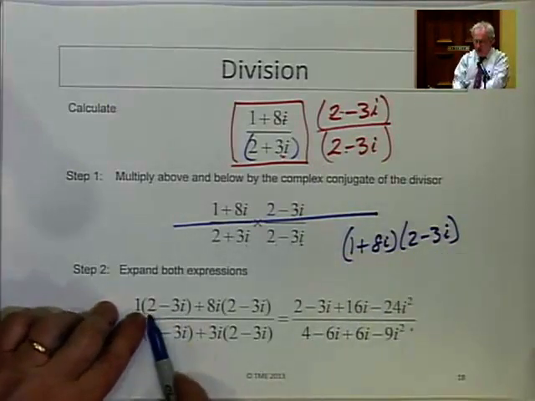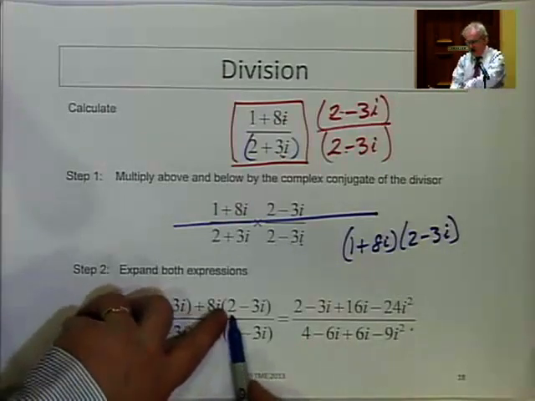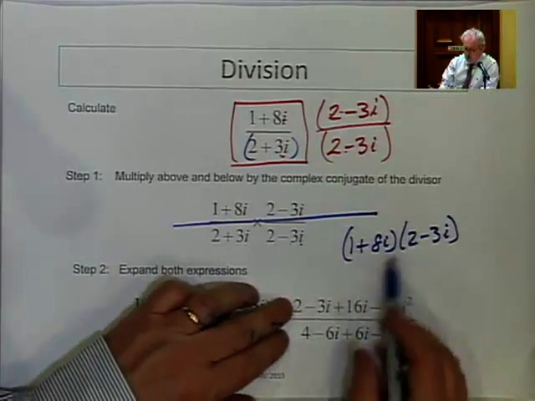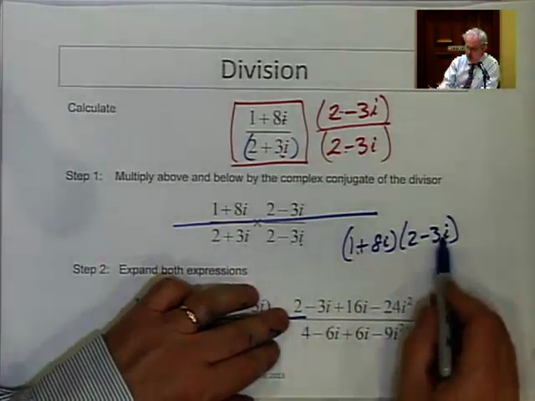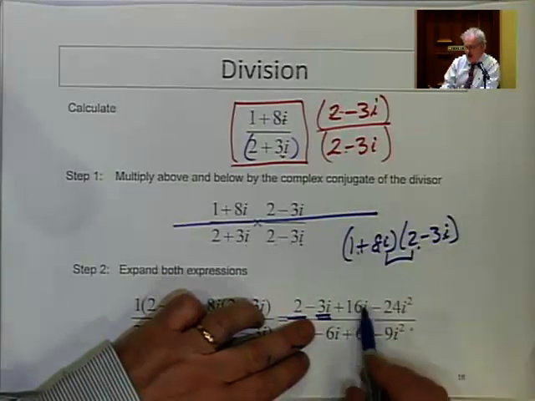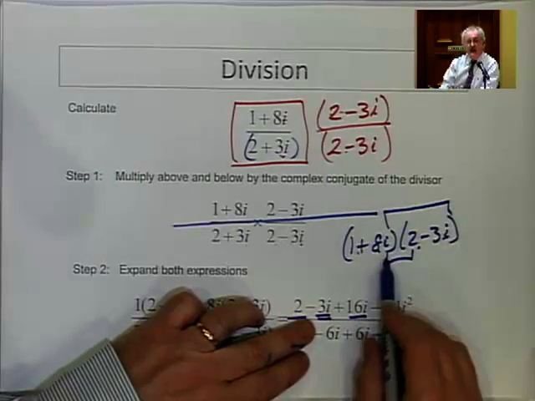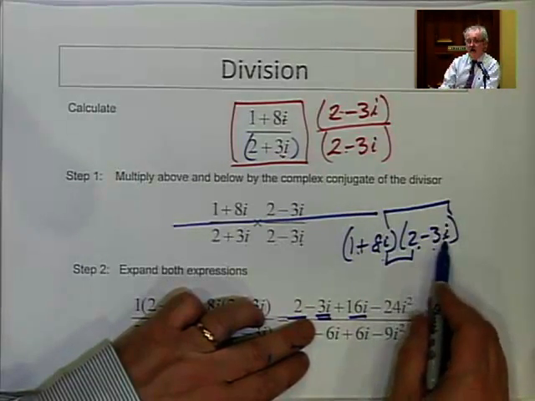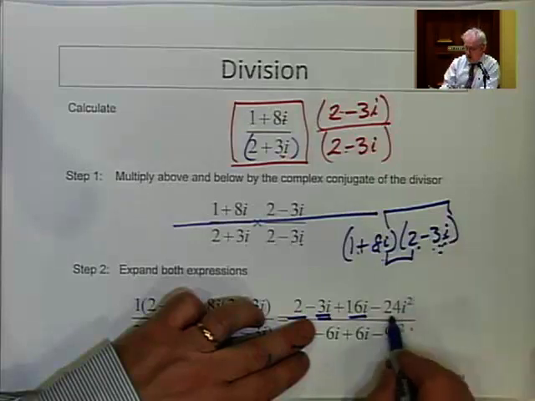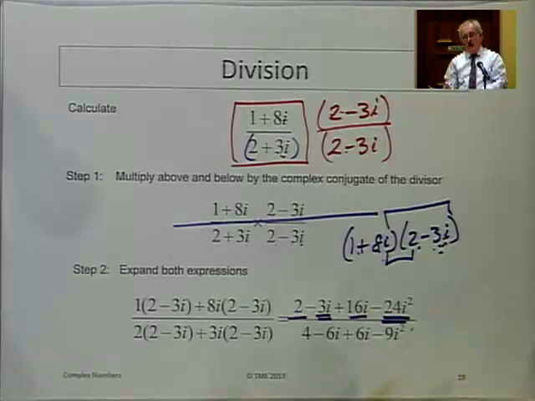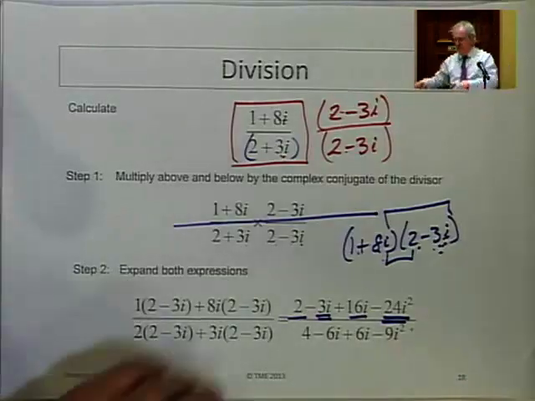So I get 1 by 2 is 2, 1 by minus 3i is minus 3i, 8i in the middle, inside one is 8i by 2, and 8i by 3i, the last one, 8 by 3, 24, 24i squared is minus 1, minus 24i squared.